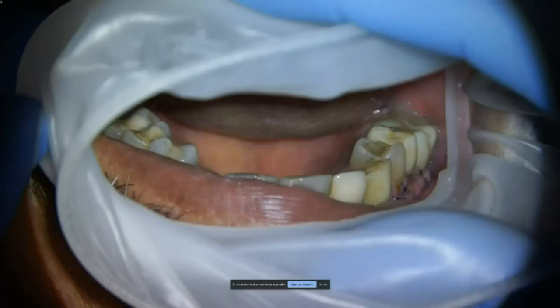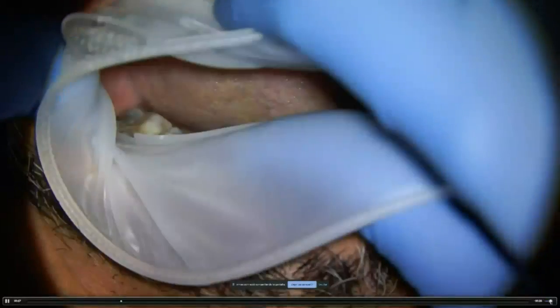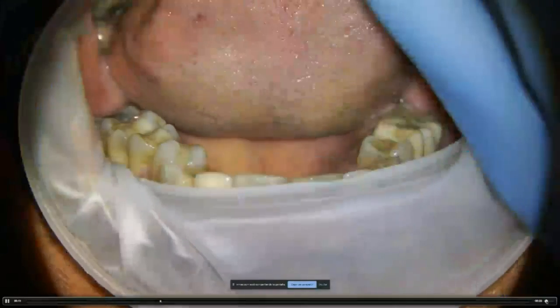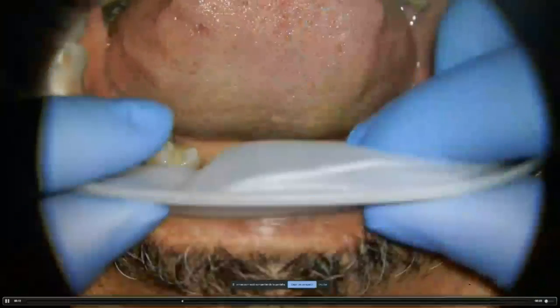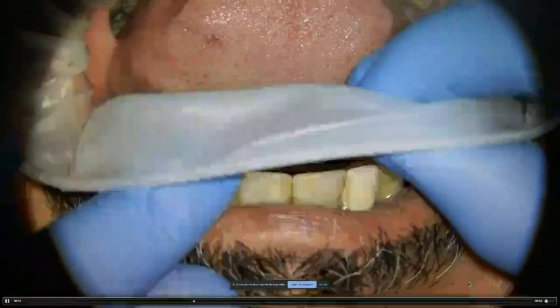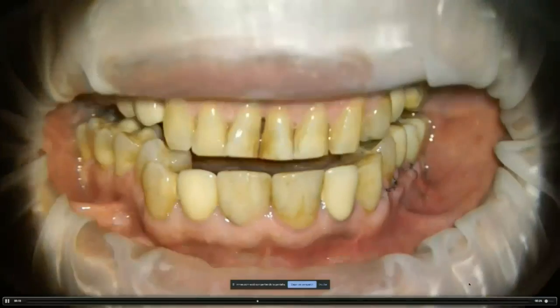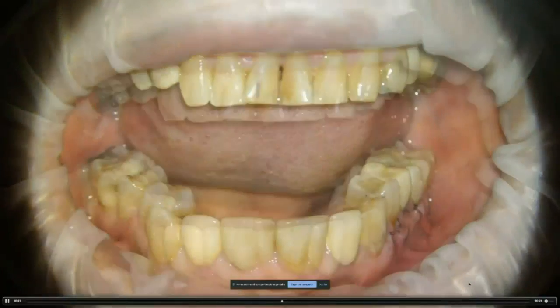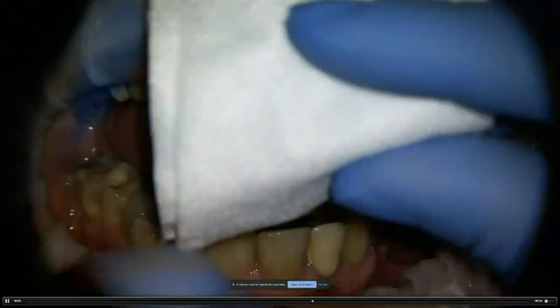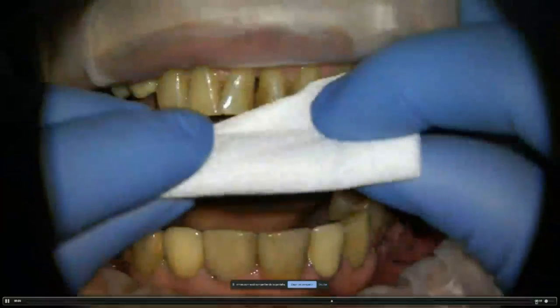And as you can see on the video, I always use the Optragate, and I always use some gauze and make the patient bite the gauze so this patient can be more comfortable.